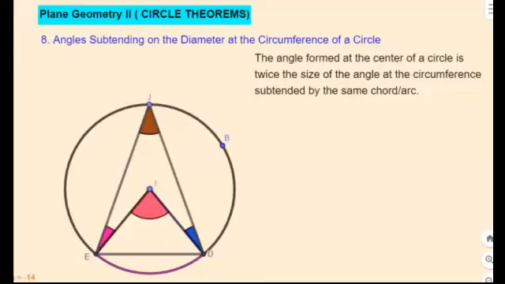We already know that the angle formed at the center of a circle is twice the size of the angle at the circumference, subtended by the same chord or arc. And though we know that, let me prove to you again.